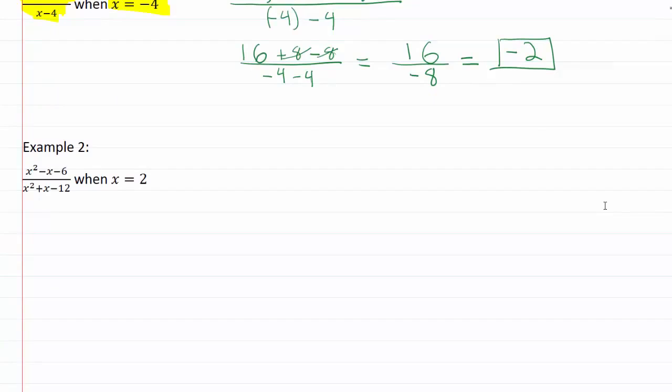Here we've got x squared minus x minus 6 over x squared plus x minus 12 when x equals 2. So again, I'm going to go ahead and plug in the 2 everywhere I see an x, put it in parentheses, put it everywhere on top and everywhere on bottom.